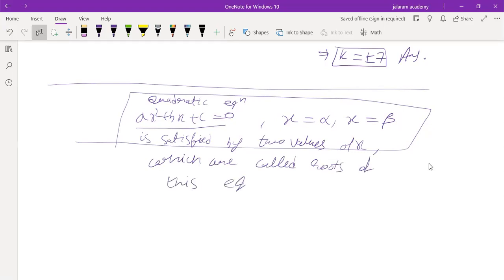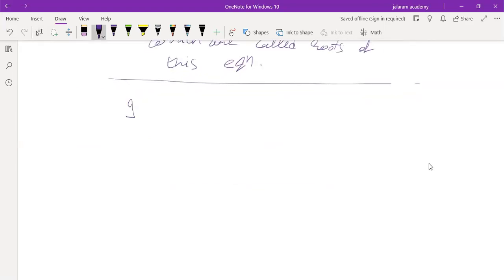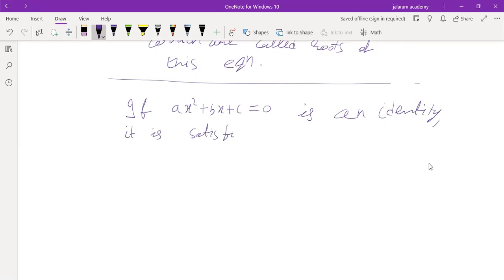Now if ax square plus bx plus c equals 0 is an identity. Remember, it is possible only when it is satisfied by all values of x, and for this.